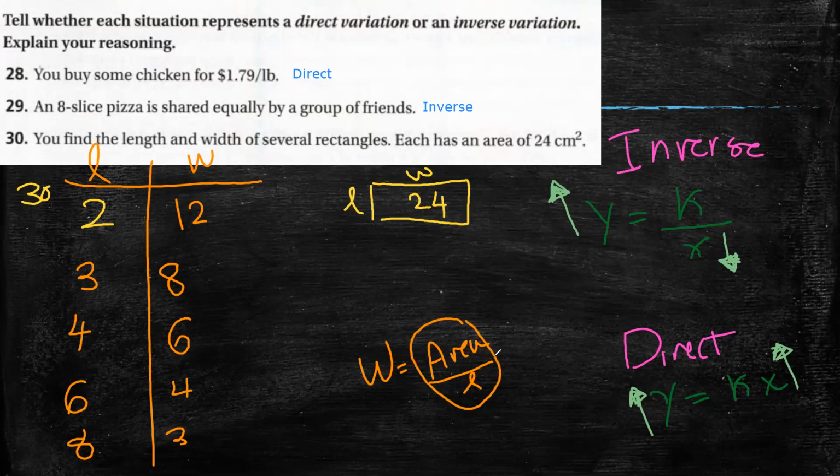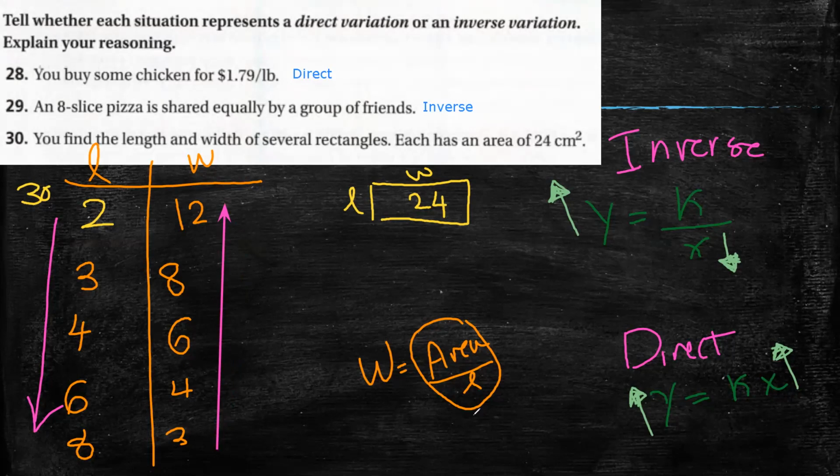Yes, miss. Now look at the values of the length: 2, 3, 4, 6, 8. Are they increasing? Yes. Now look at the values of the width: 12, then 8, then 6, then 4, then 3. Are they increased or decreased? Decreasing. Bravo.